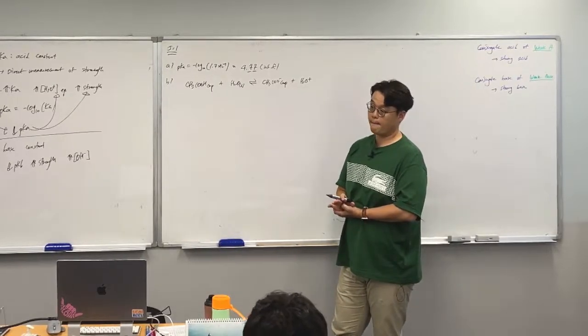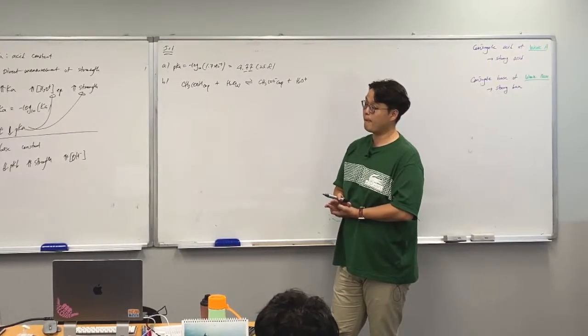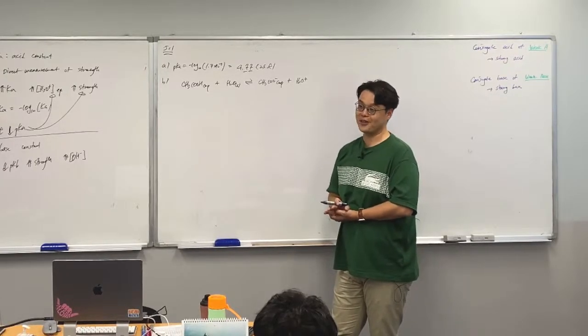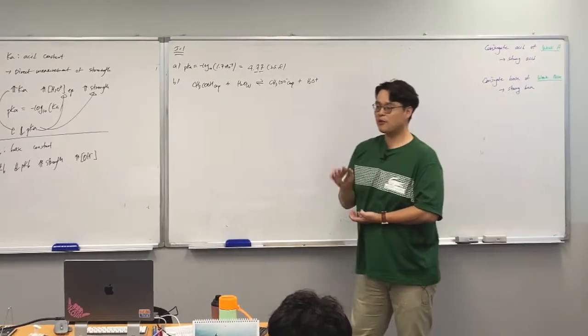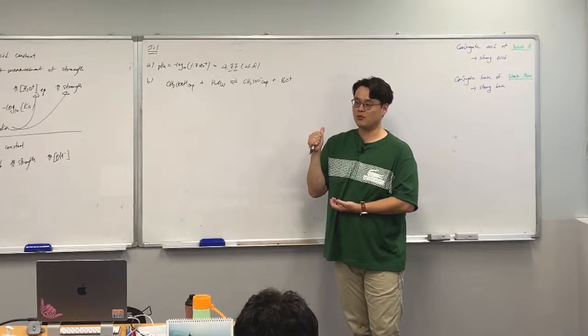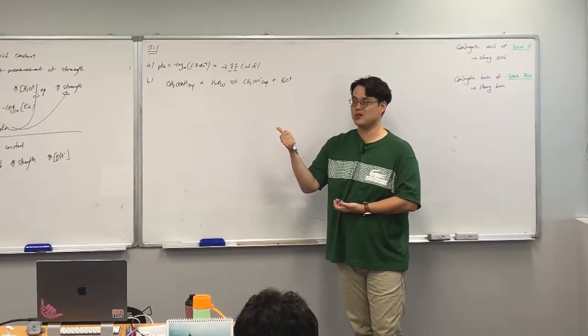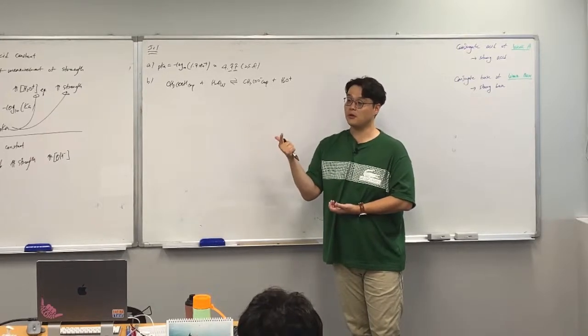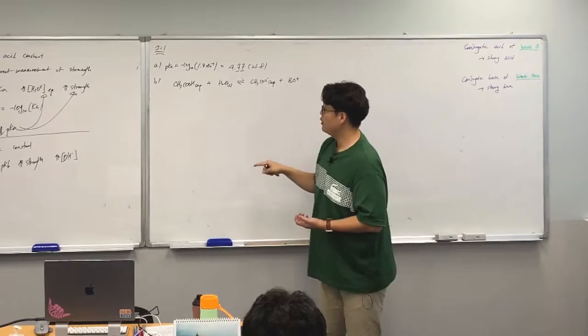Yes? So if it's a weak or strong acid, do we have to memorize which acid is weak and which is strong? You only need to memorize which are strong, and the rest of those are weak. There will only be 3 acids you need to memorize for the strong acids, which are hydrochloric, sulfuric, and nitric. Only 3. The rest would be weak.